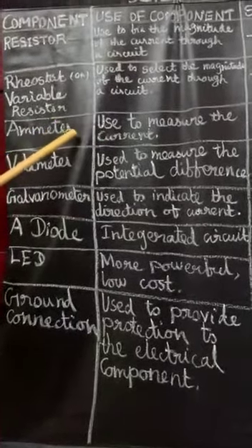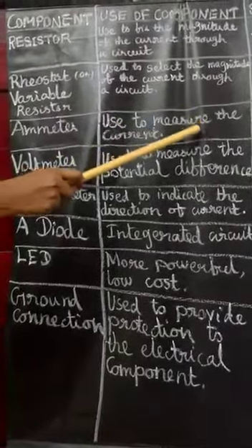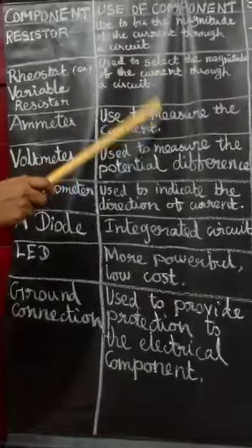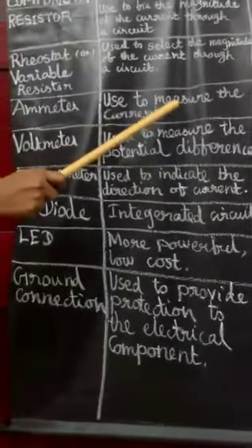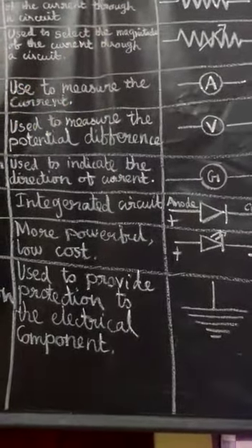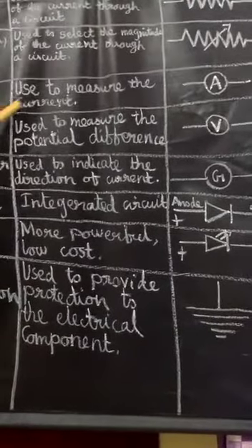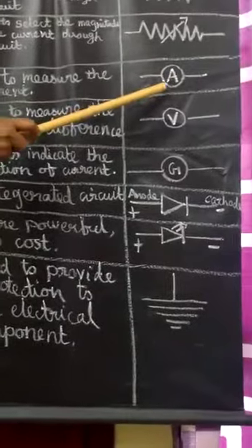The ammeter shows how much current is passing through a circuit, for example 1 ampere, 2 ampere or 3 ampere. This is the symbol of the ammeter.